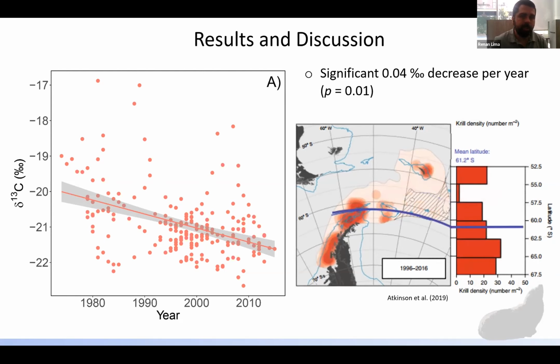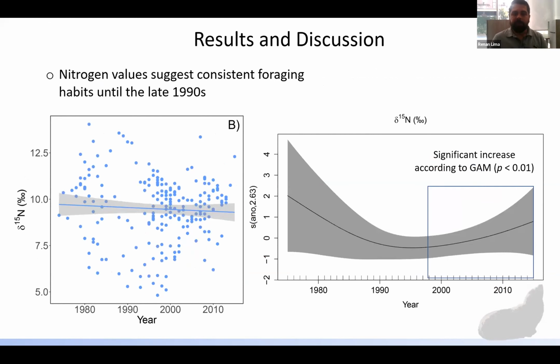So that seems more likely to have contributed to this declining trend over time in our male delta 13C values. As for delta 15N, only year showed statistical significance for the most recent period, from the late 1990s to 2015, when it increased.